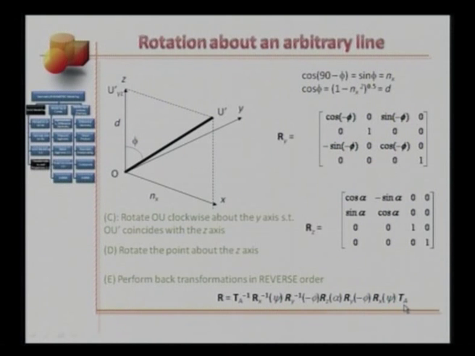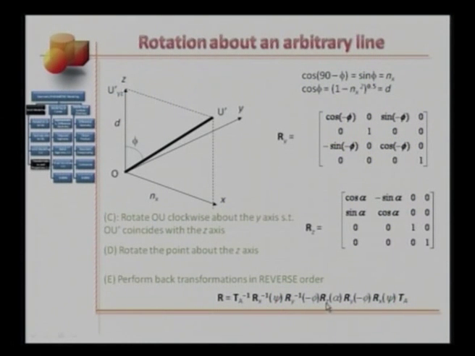First, we perform translation to make a point on the line coincide with the origin. Then we perform rotation about the x-axis by an angle psi, and then we perform rotation about the y-axis by an angle minus phi, which is clockwise. By this time, the line is coincident with the z-axis.